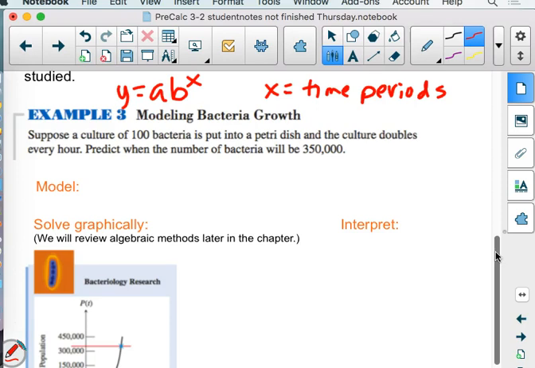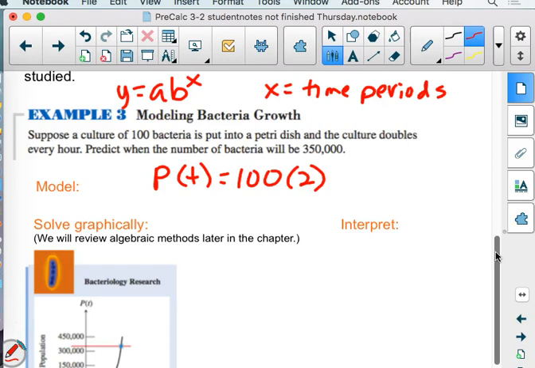So with this one, it says they've got a culture of 100 bacteria. Cool. That's what we're starting with. So P of t, I'll use T again for time, is 100. I'm looking around for a number for what is the increase here or the decrease, and it says the culture doubles every hour. So what would that be multiplied by every hour? 2.